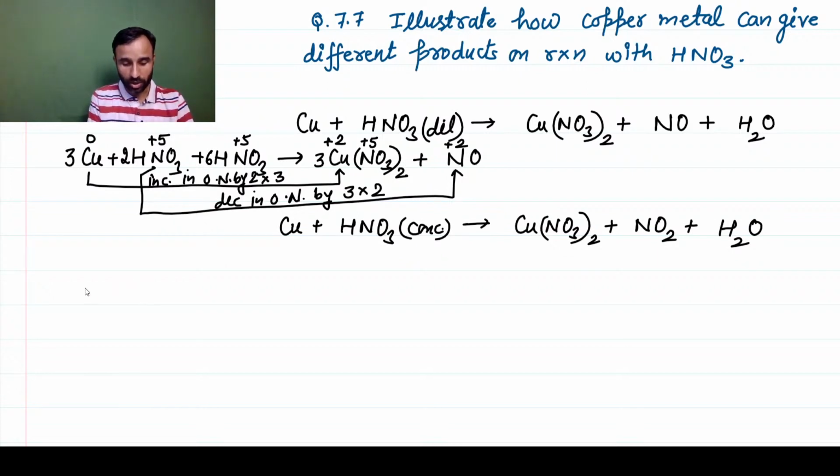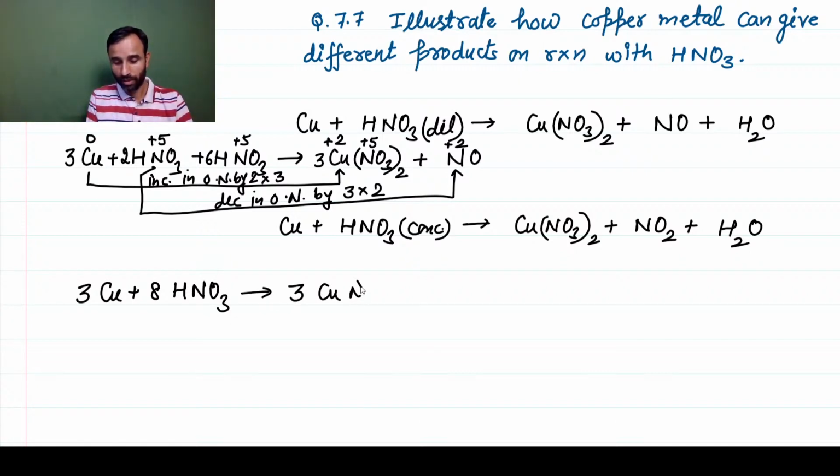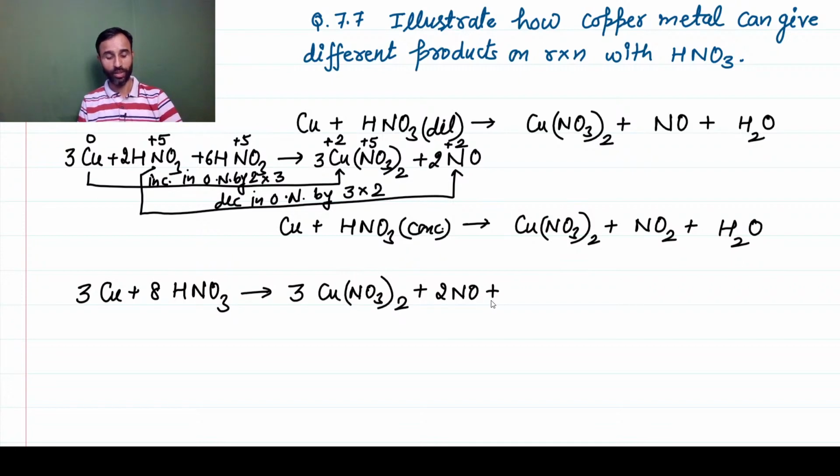That means 3 copper plus 2 plus 6, 8 HNO3 to give 3 copper nitrate along with 2 NO. And how many H2O? Out of 8, there are 4 H2O. So that's it. This is the balanced chemical equation for dilute HNO3.